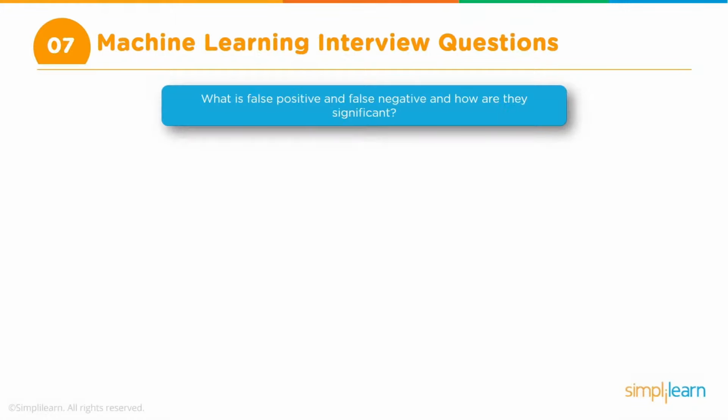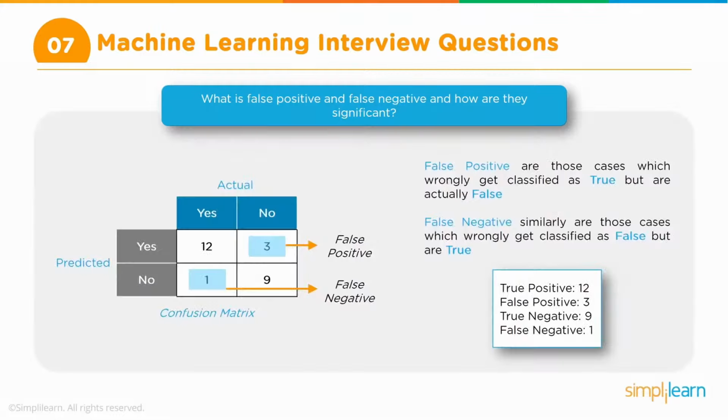Okay. All right. So the next question can be a related question about false positive and false negative. So what is false positive and what is false negative? Now, once again, the best way to explain this is using a piece of paper and pen. Otherwise, it will be pretty difficult to explain this. So we use the same example of the confusion matrix, and we can explain that.